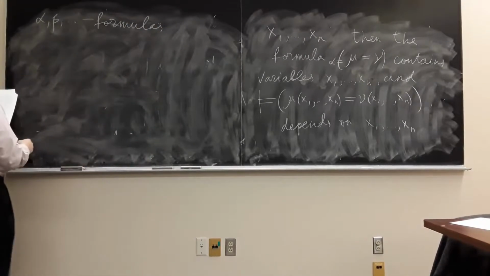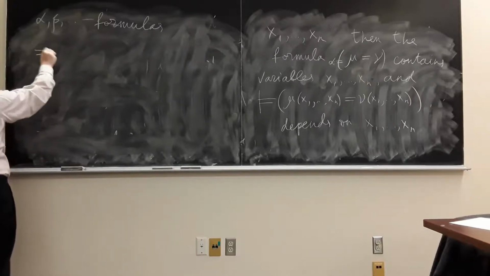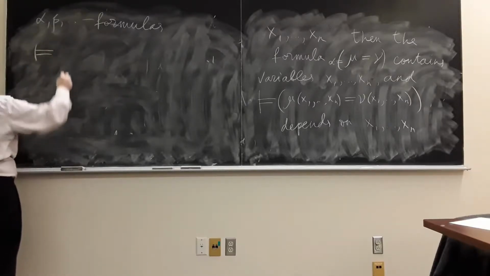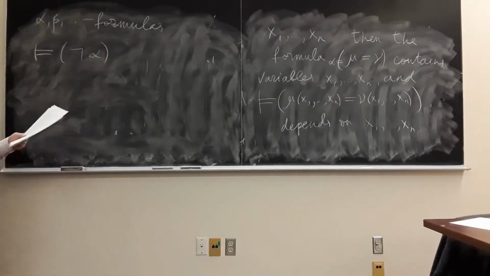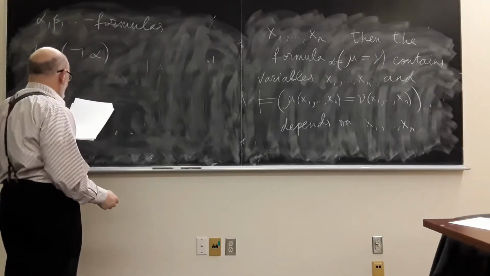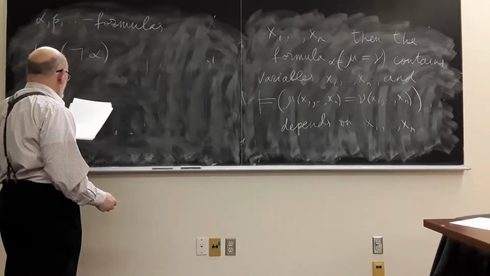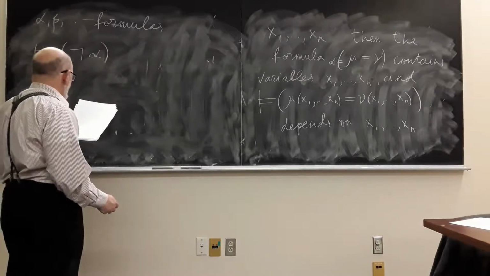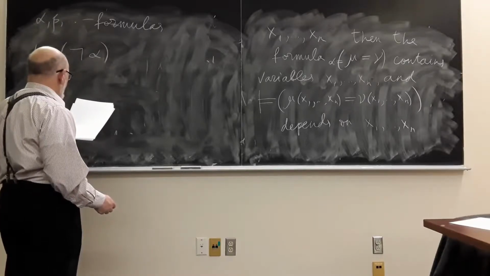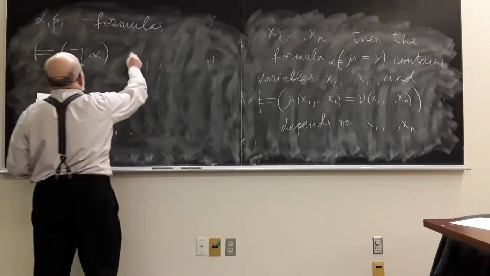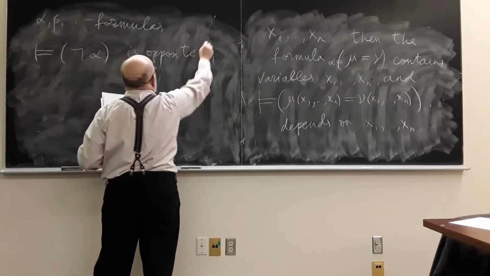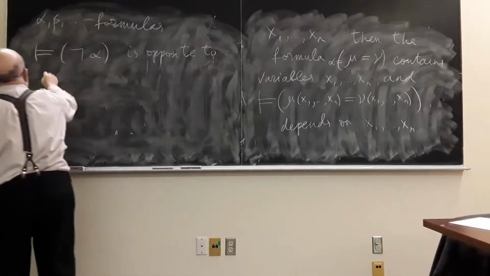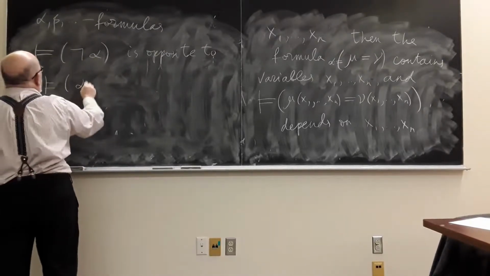The truth value of the negation of alpha, so not alpha, is opposite to the truth value of alpha.